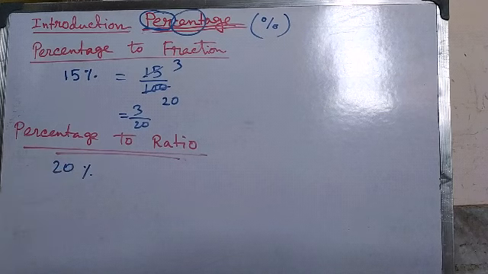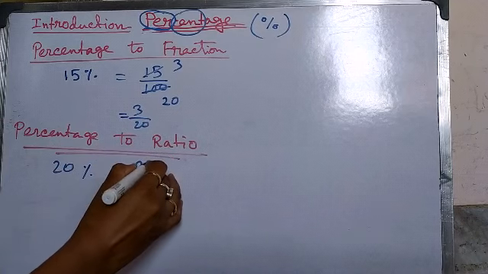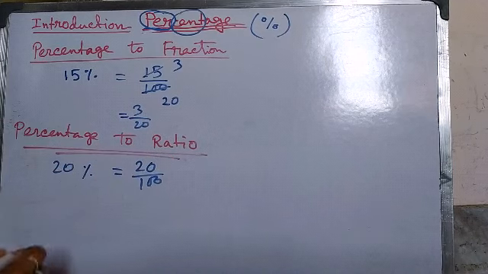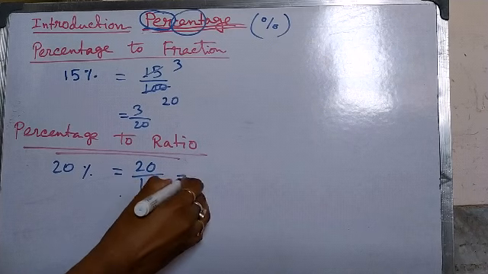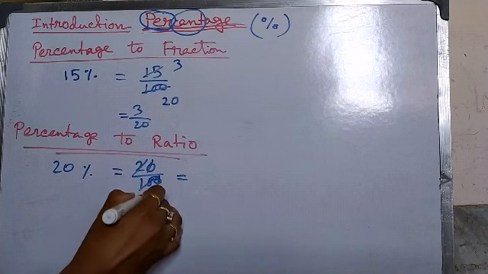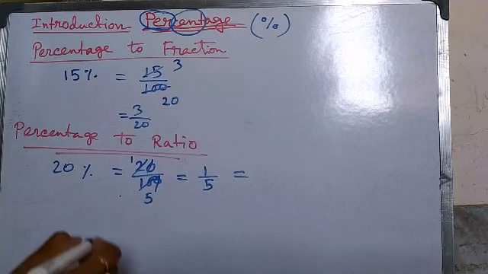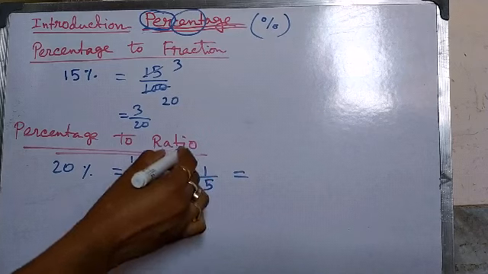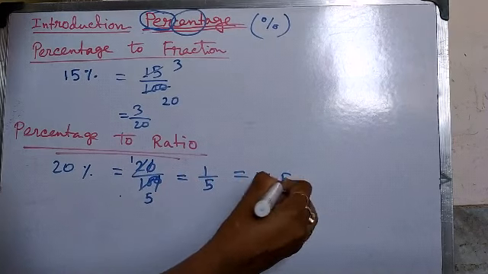Now how to convert it into ratio? 20% means what? 20 by 100. Then we have to make it in simplest form, that is 1 by 5. Now we will convert it into ratio. We know that ratio is one type of fraction, so it will be 1:5.